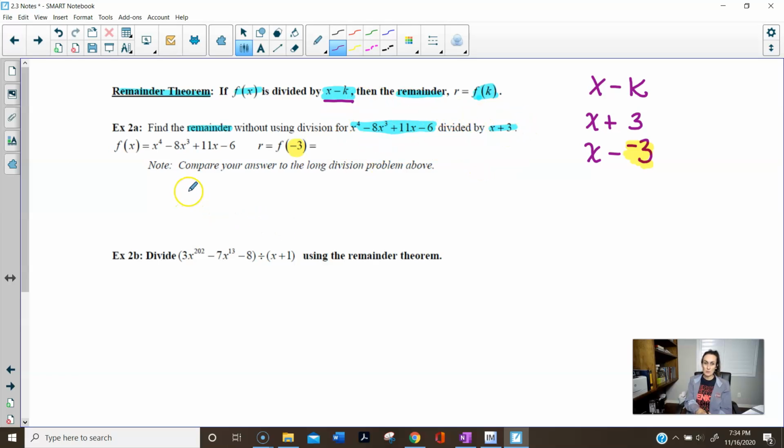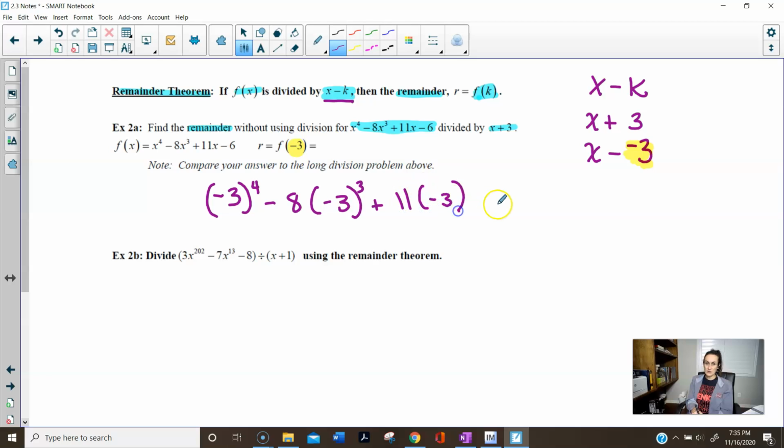into this polynomial function. So if I have x to the 4th, let's just go ahead and write the -3 there. So -3 to the 4th power, subtract 8 times -3 cubed plus 11 times -3 subtract 6.